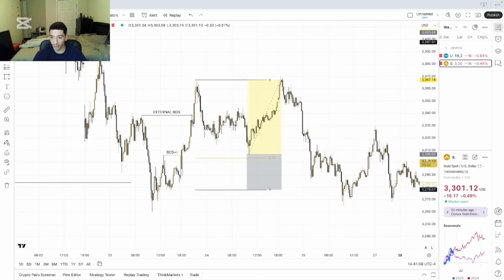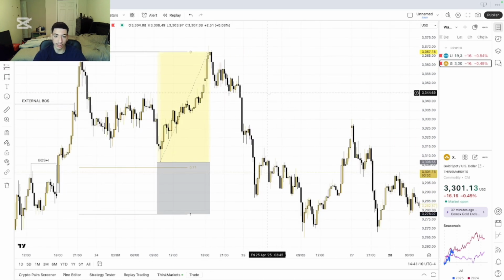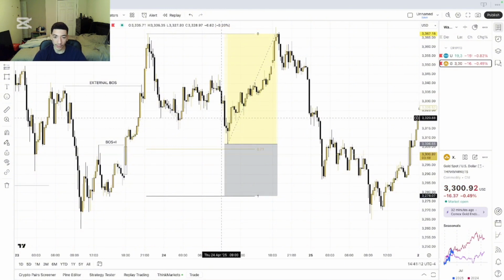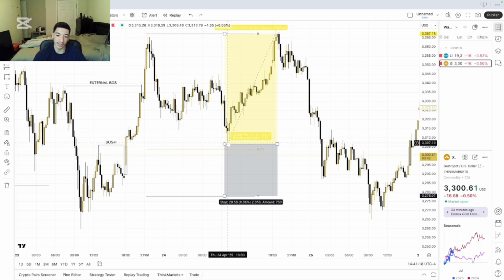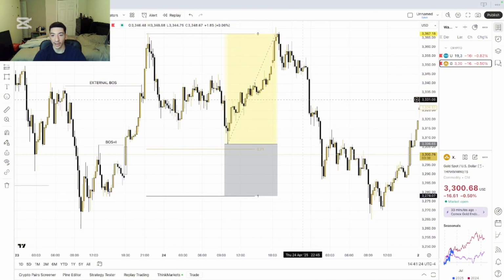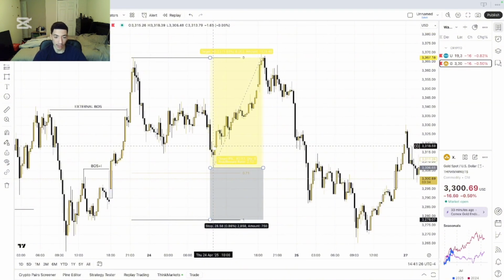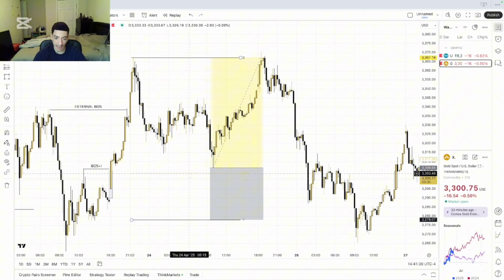As you can see, this was a market execution just because I was waiting for price to come down fully to the 71%, and then I saw I wasn't going to reach there as soon as I started this bearish candle, sorry, start wicking back up. So I entered around here, and it was a good call. Price isn't always going to reach the exact number.